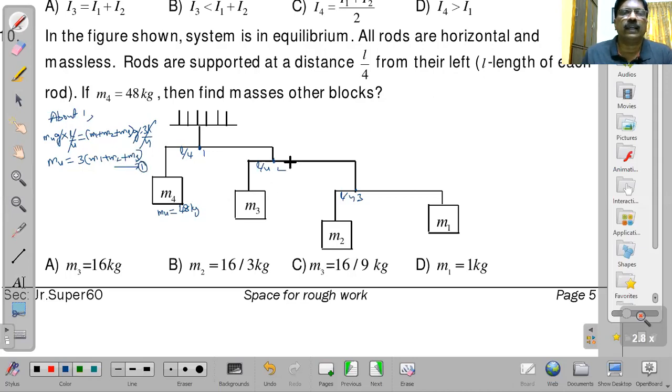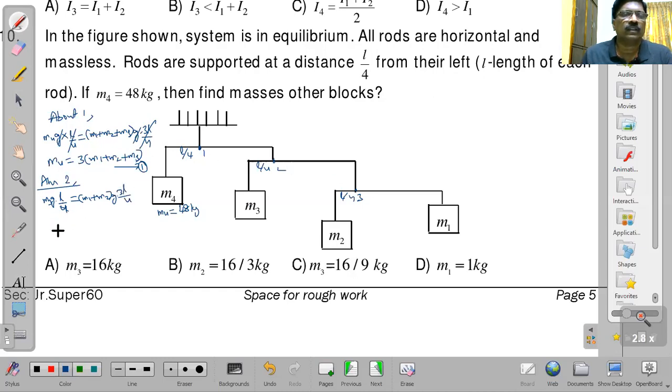Okay, next similarly about 2. About point 2, apply the torque concept under equilibrium. About 2, torque due to weight M3g into L by 4 is equal to, at this point, total weight suspended M1 plus M2 into g, into this length 3L by 4.